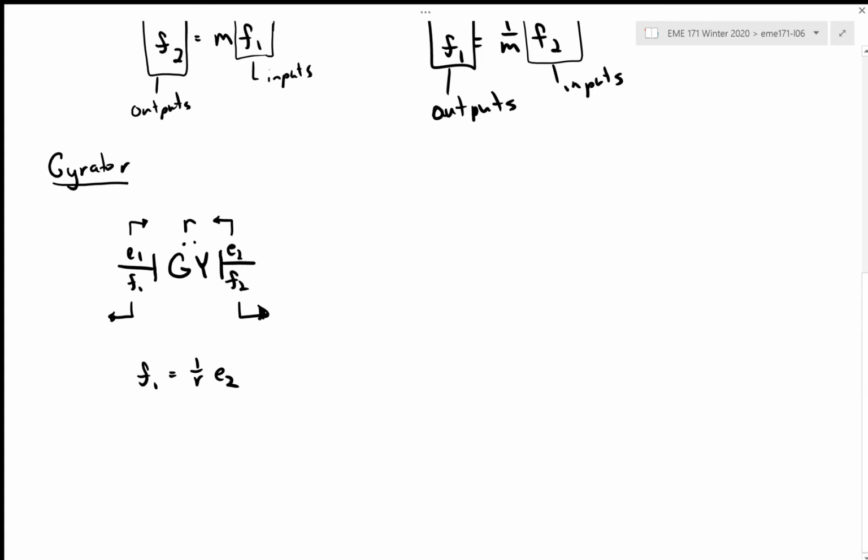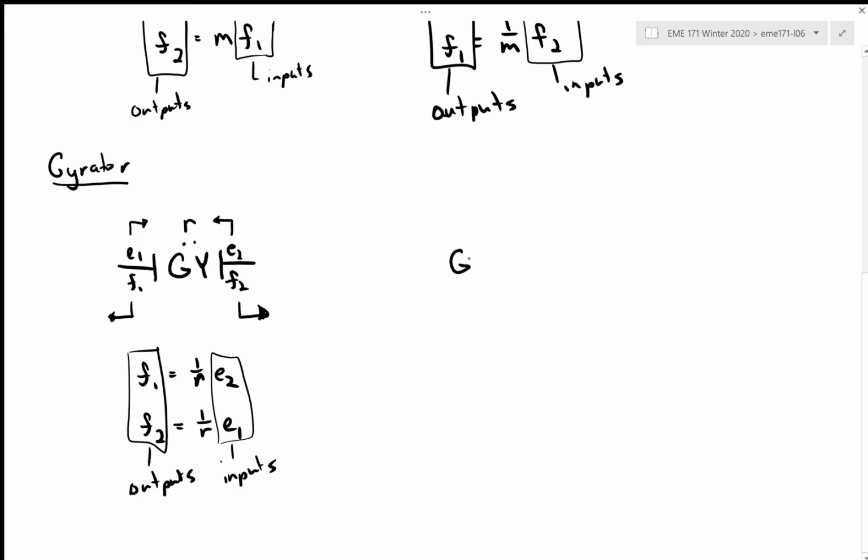So F1 is an output, E2 is an input, and F2 is also an output, 1 over R E1. So once again, our inputs and our outputs.